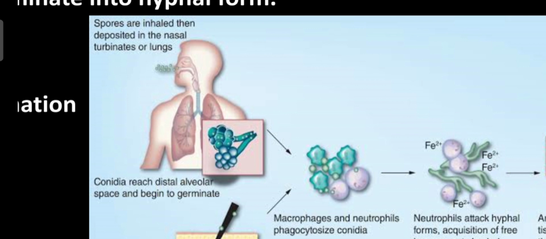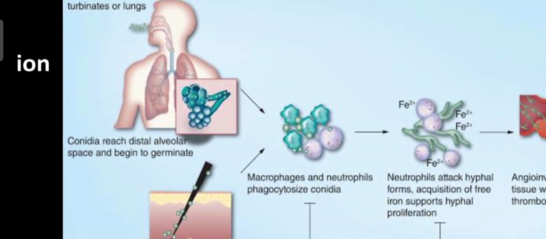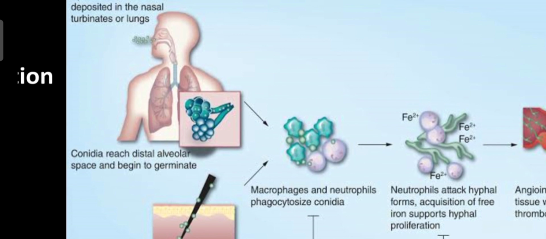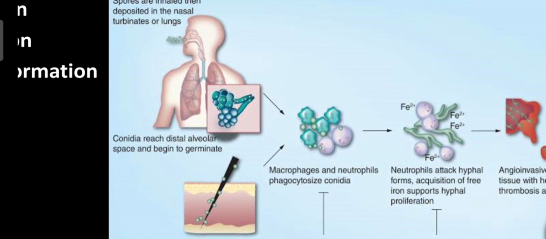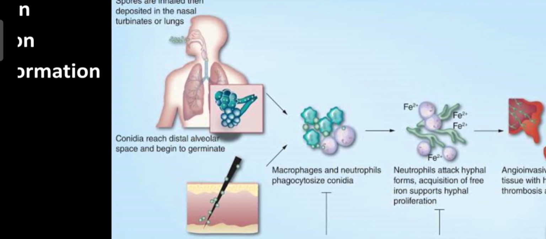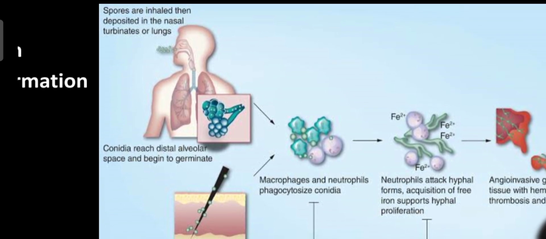After depositing on the respiratory mucosa, if the patient is immunosufficient, this pathogen will not be able to grow, and our immune system will eradicate this fungi from our body, and we will not suffer from mucormycosis. But ultimately this is caused by immunosuppression.